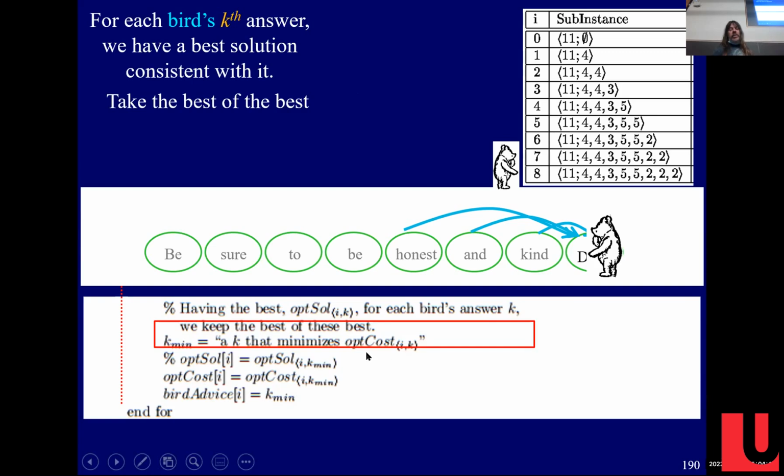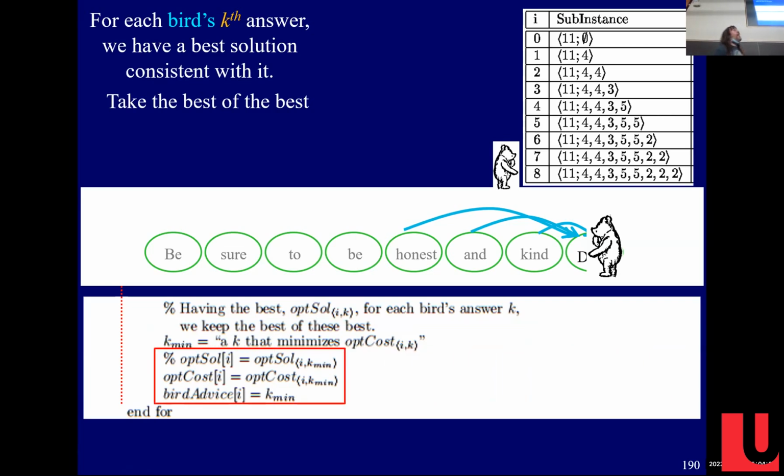And one hint is that you might need to change this on your test: if you're doing a maximization problem, then you change min to max, right? All right, now I know which bird answer I'm going for. So what's the cost? It's the cost associated with that bird answer, right? And I store the bird answer, which is K. Right, everybody buy that?